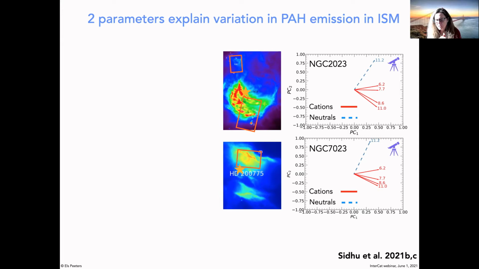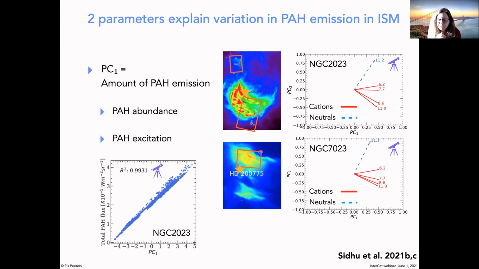And for both reflection nebulae you see that if the first principal component increases, then the fluxes of all the 5 bands that we are considering are all increasing. And you can see that there is a split. You have 2 groups. You have one that is the 11.2, which is kind of unique or isolated, and then you have the other 4 bands, which are more clustered together.